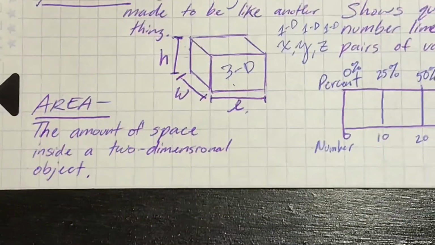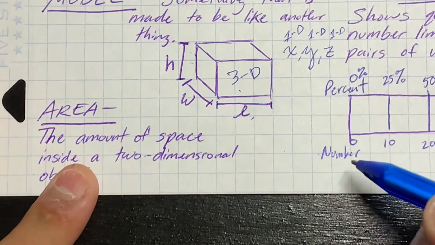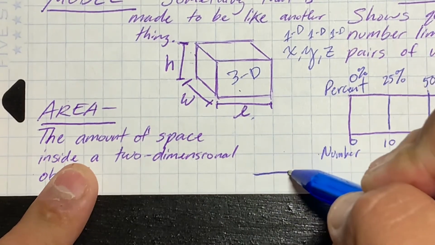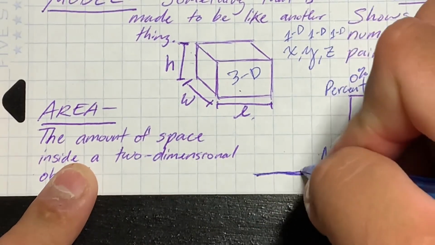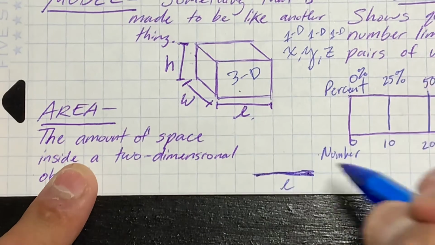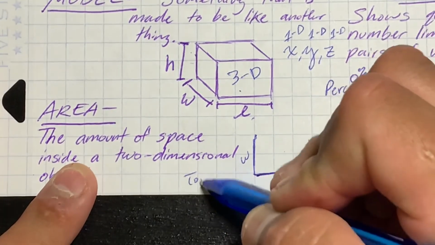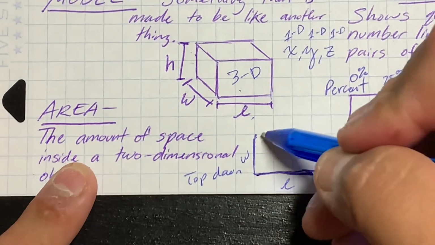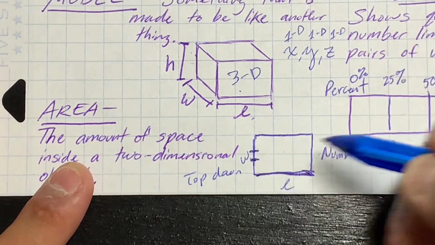Now, area is the space inside a two-dimensional object. Let's say a doghouse, and we're looking from the top down. We have a length and a width. Maybe here's the entryway for the doghouse.